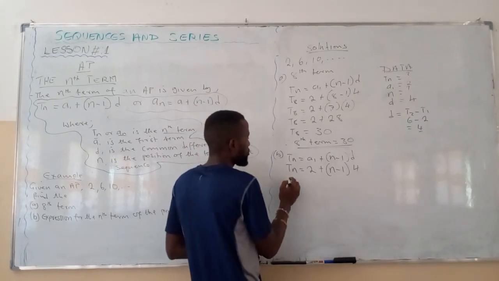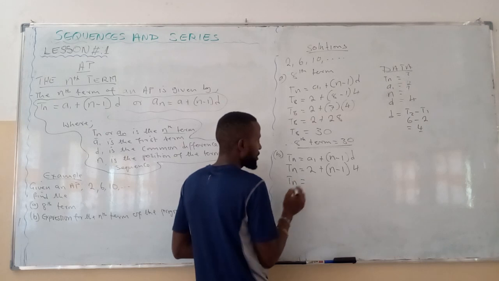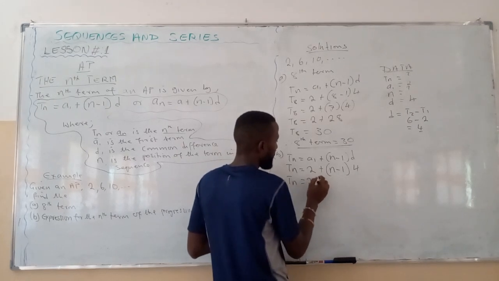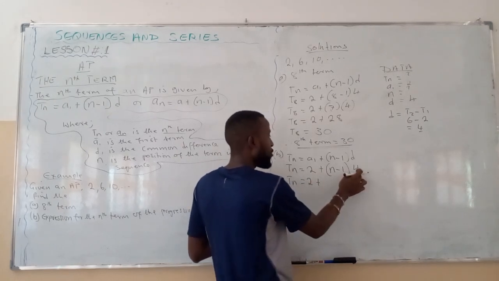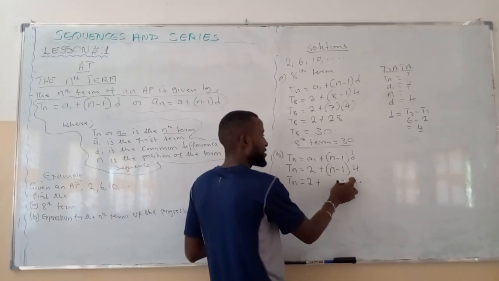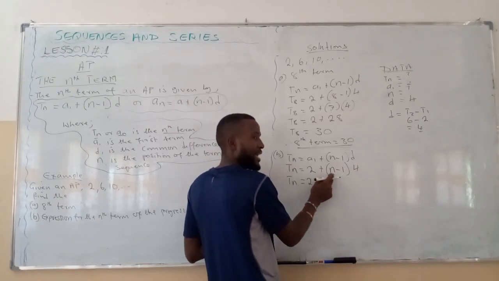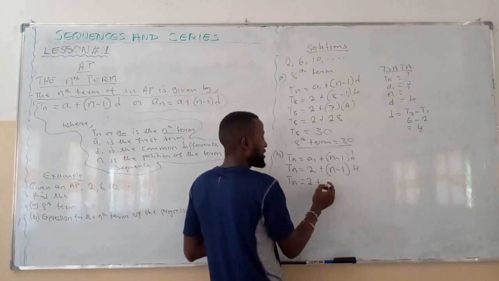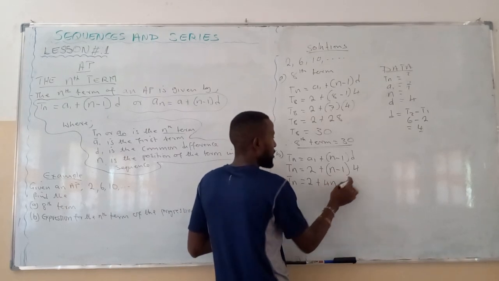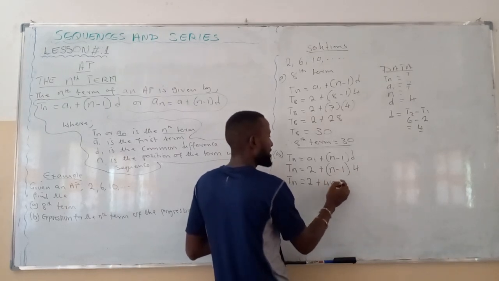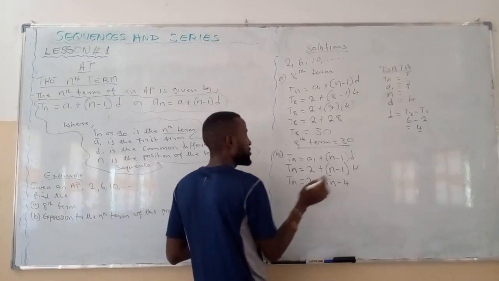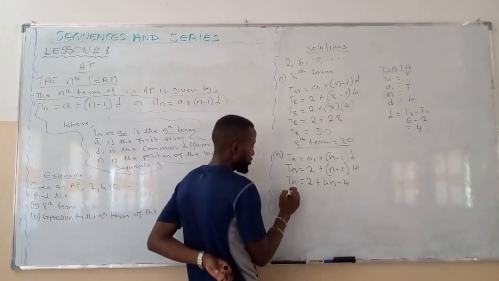So we are going to say Tn is equal to 2 plus, we are multiplying 4 with everything inside the brackets. So it will be 4 times n. 4 times n, it is simply 4n. 4 times negative 1, it is negative 4. I've distributed 4 there. Then I continue.